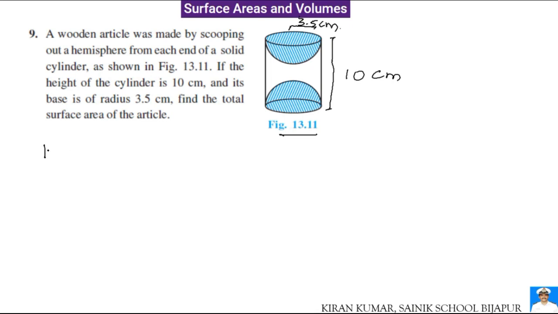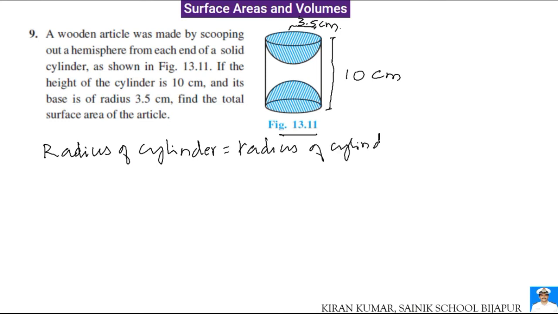Here it's very clear that the radius of cylinder and the radius of hemisphere would remain same, and they have given it as 3.5 centimeter, the radius of cylindrical part and hemispherical part.